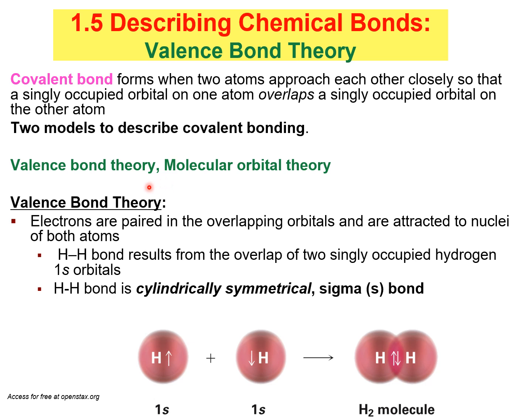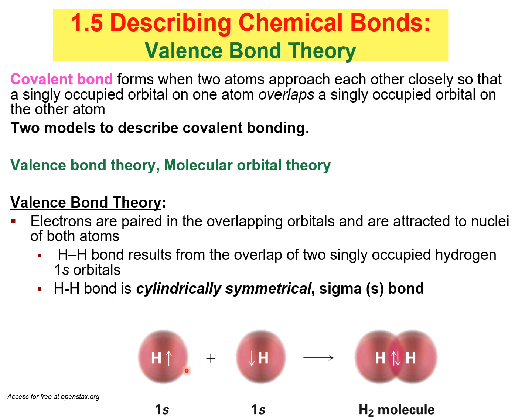According to the valence bond theory, a bond is formed by simply sharing electron density between two atoms in such a way that there is a constructive interference of their atomic orbitals. For example, here we see a 1s orbital of one hydrogen atom and another 1s orbital of another hydrogen atom.